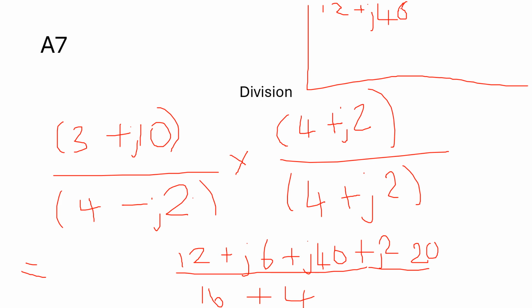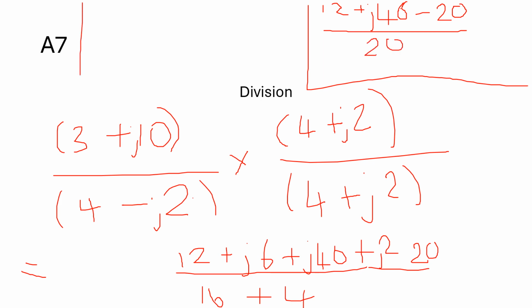And then this one is going to be j squared 20. That means it's going to be negative, because we know j squared is actually negative 1. So at the denominator, 16 plus 4 will give us 20.